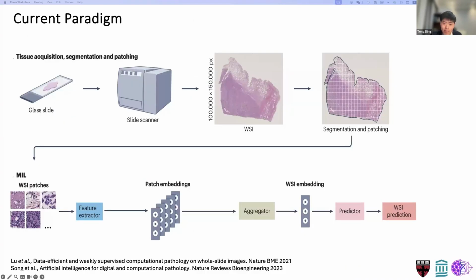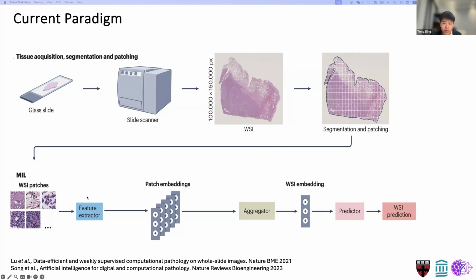Due to the large resolution of whole-slide images, instead of directly processing the raw images, the current paradigm for computational pathology follows a multiple instance learning approach, in which we segment and tile the tissue regions into non-overlapping patches, typically of size 256 by 256 at 20x magnification, followed by feature extraction using a pre-trained patch-level encoder.